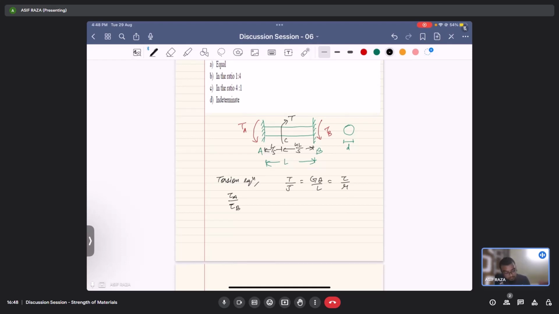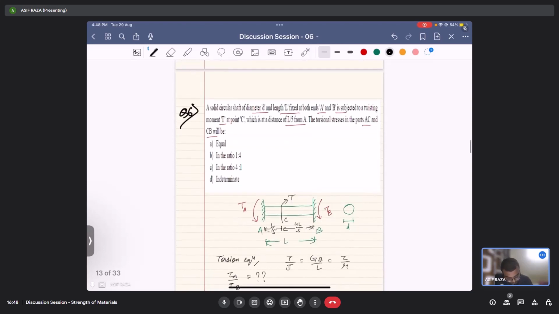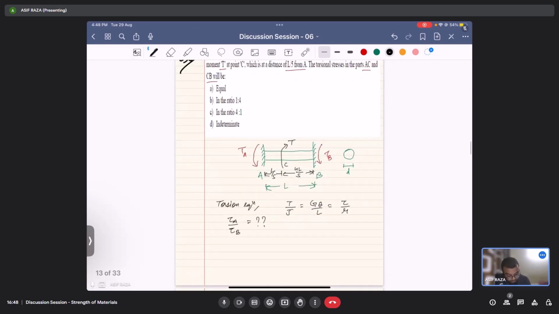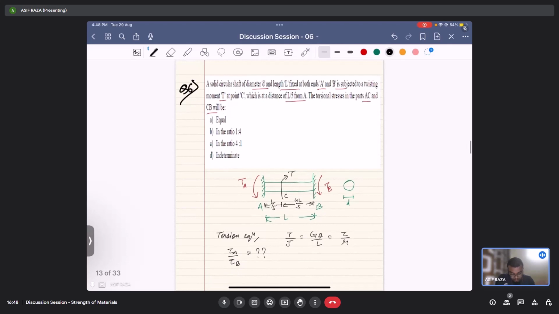So for that we'll use... Since the twist would be the same for both, since it is fixed, theta c would be same for both the points, and the shear modulus is same.